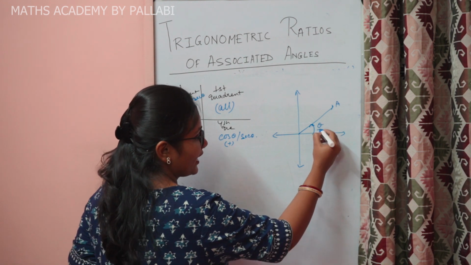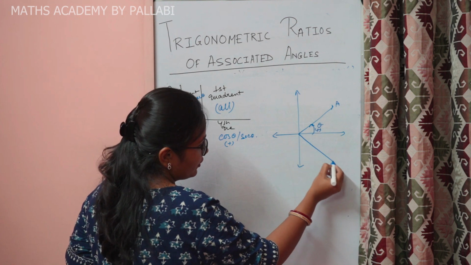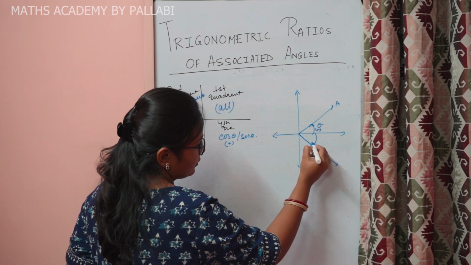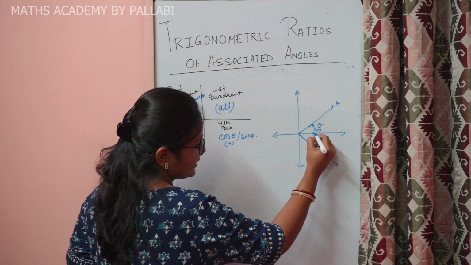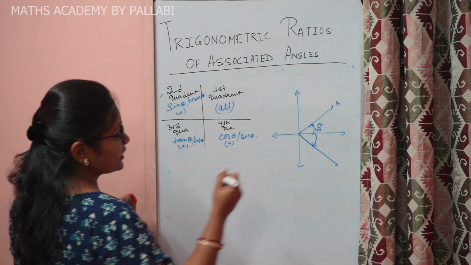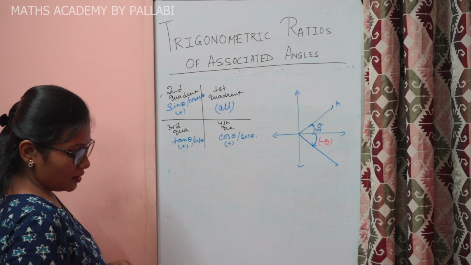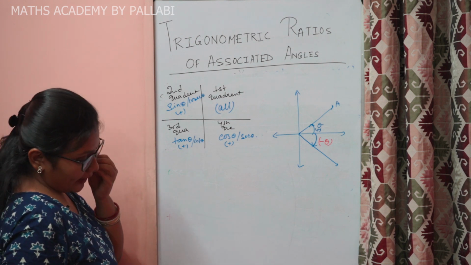Here the sign will be positive. Suppose it rotates in the anticlockwise direction from the initial position, then this positive theta will be considered as negative theta. Okay, same for the rest of the diagrams also.